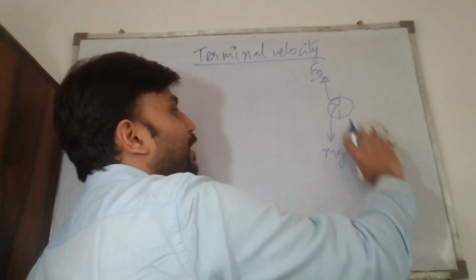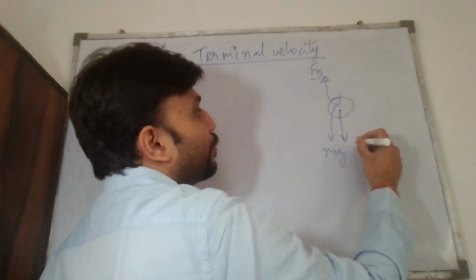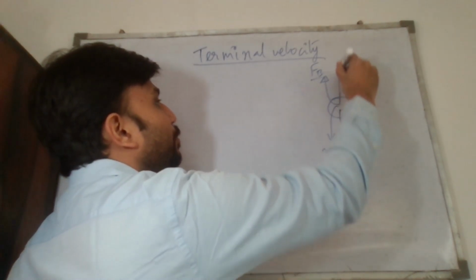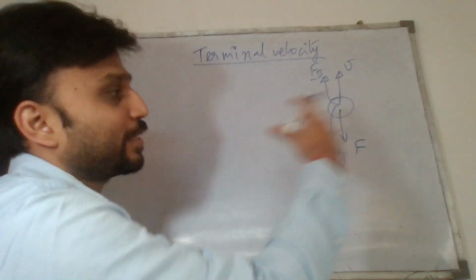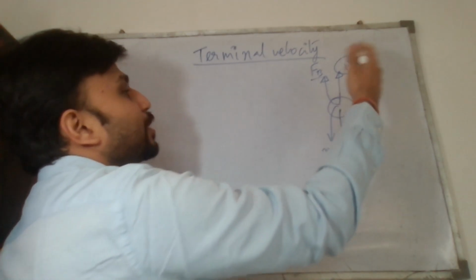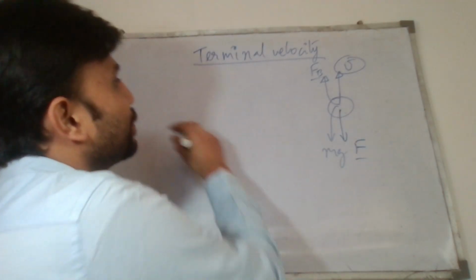So what we'll do is that we will say this force F is acting downwards and the ball is traveling upwards. So in that case, what will be the force F which will supply me the speed V so that all the forces cancel out?